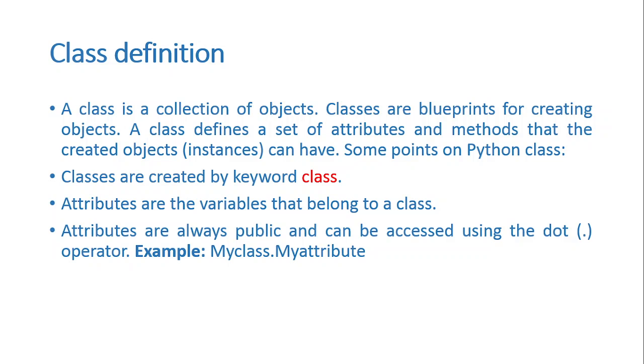A class defines a set of attributes and methods that are created as a template for a real-world entity. Assume you are programming for a real-world entity. Any real-world entity will have some attributes and some behavioral methods. Here also we assume we are creating a car class.